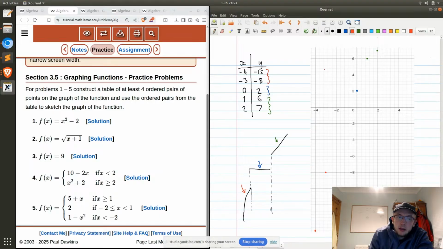And then we think about where to, right, so for the middle piece, it does not include 1 in the input range. And therefore, I will put a hollow dot there. But it does include -2, and therefore, I will also plot that one. And because it's a constant function, I can connect up the points like that.